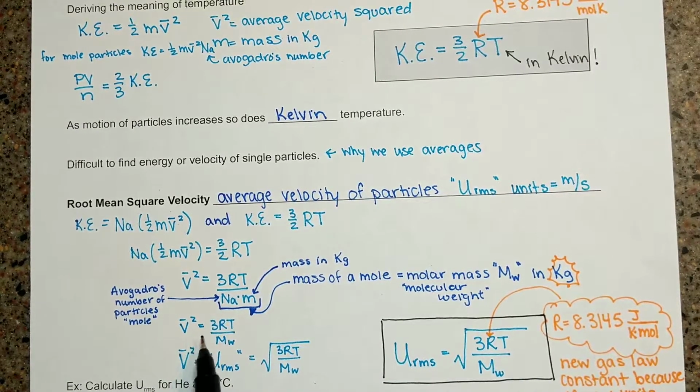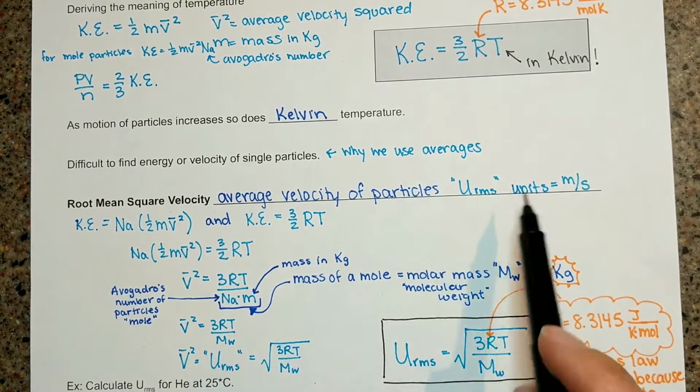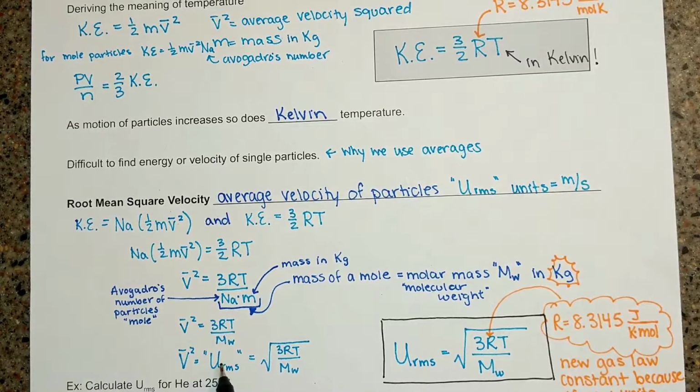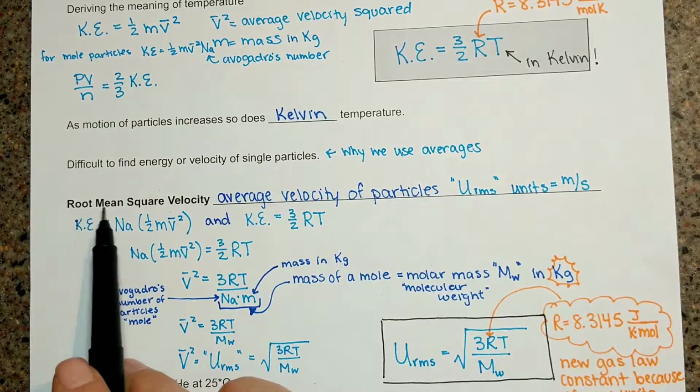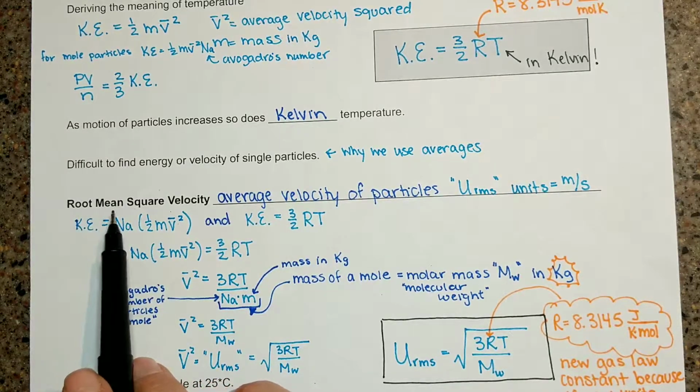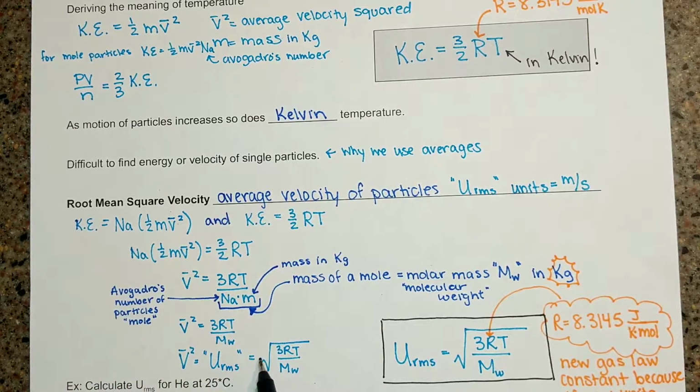Solving this further, by subbing this in, I have my average velocity squared is equal to 3RT over my new variable M sub W. And then because this is squared and I want it unsquared, so my little u, from just my average velocity of particles, not my average squared velocity, I take the square root, and so my root mean squared velocity is equal to the square root of 3RT over MW, where MW is my molecular weight in kilograms.